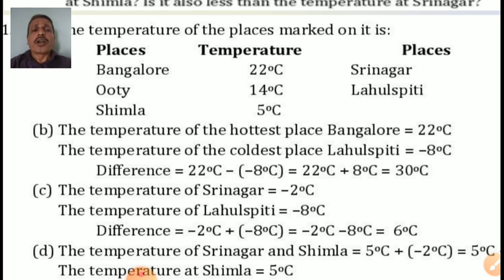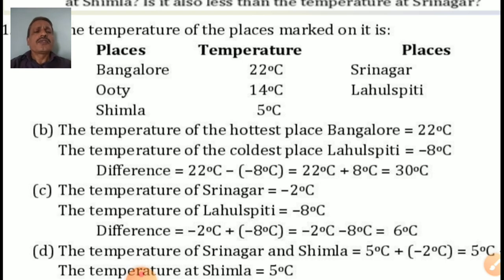Now what is the difference between Srinagar and Lahaul Spiti? What do we have to do? Difference means subtraction. Very good. So we can write -2 degrees centigrade minus -8 degrees centigrade.